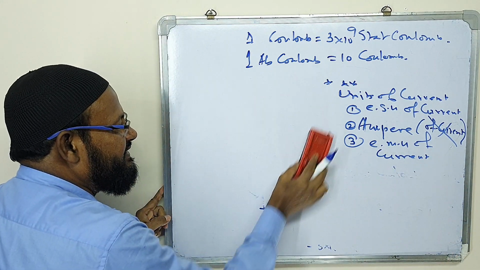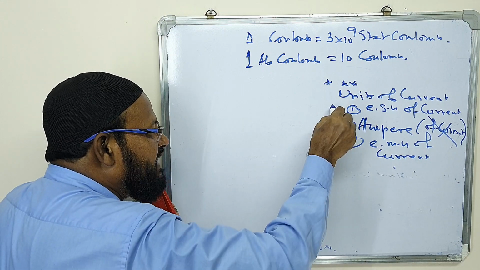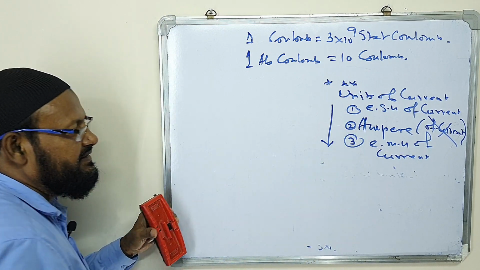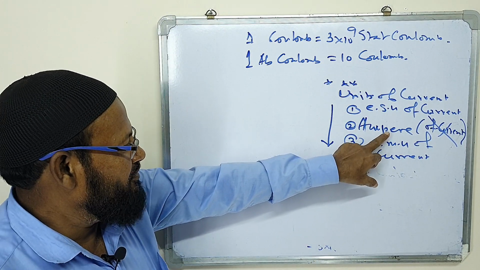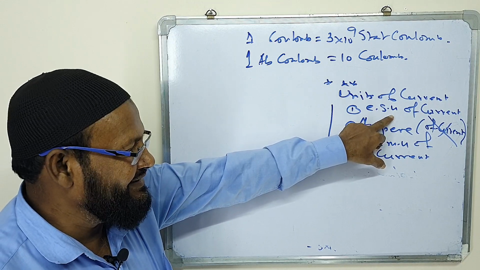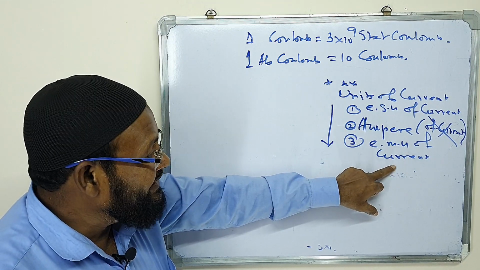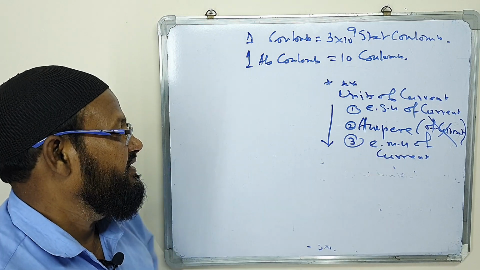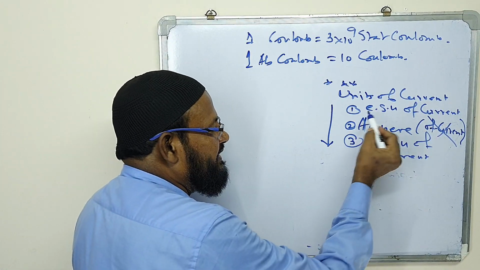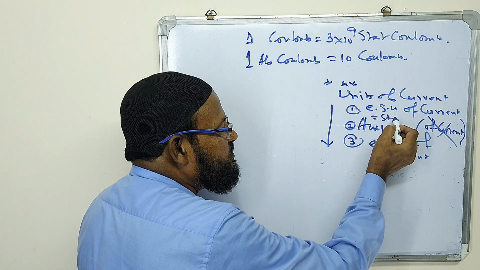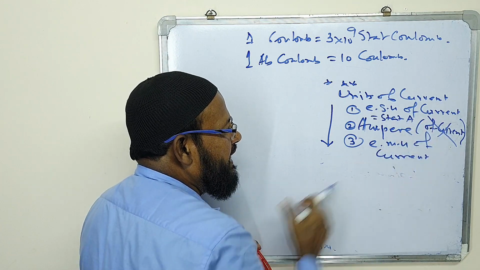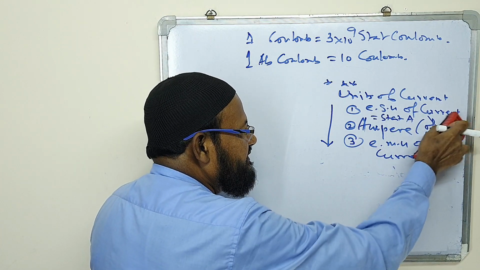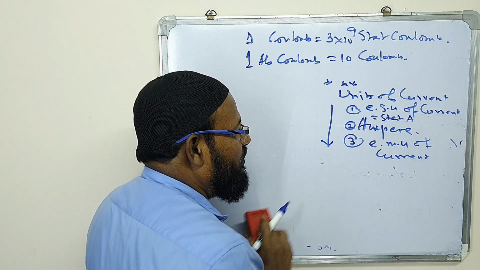Same relation. What is the relation? In the downward direction, bigger unit. 1 ampere is greater than 1 ESU of current, 1 EMU of current is greater than 1 ampere. As ESU current, this is also written as ampere. I am deleting. Please see. I am deleting.